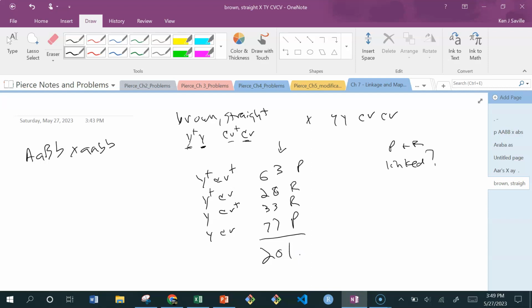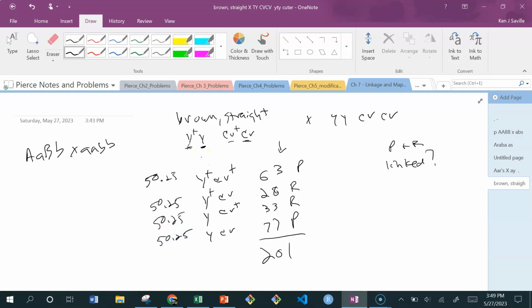If it was unlinked and independent assortment, then we would expect 25% of each of these things. And 25% of each of these, because there's 201, is 50.25. So this is what we would expect if the genes assorted independently.